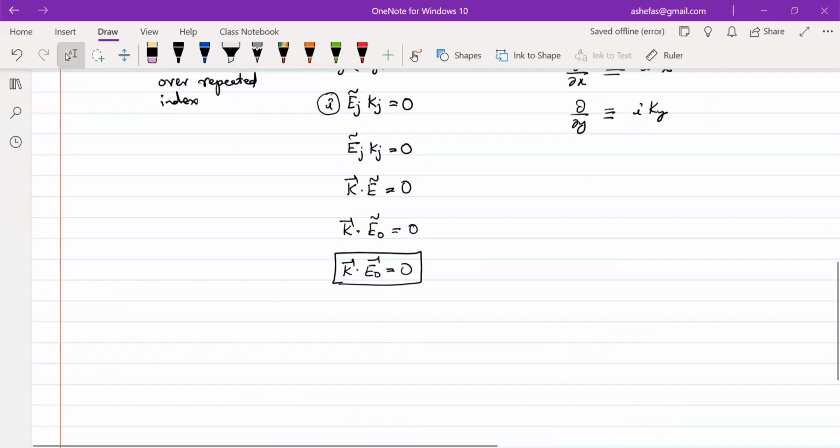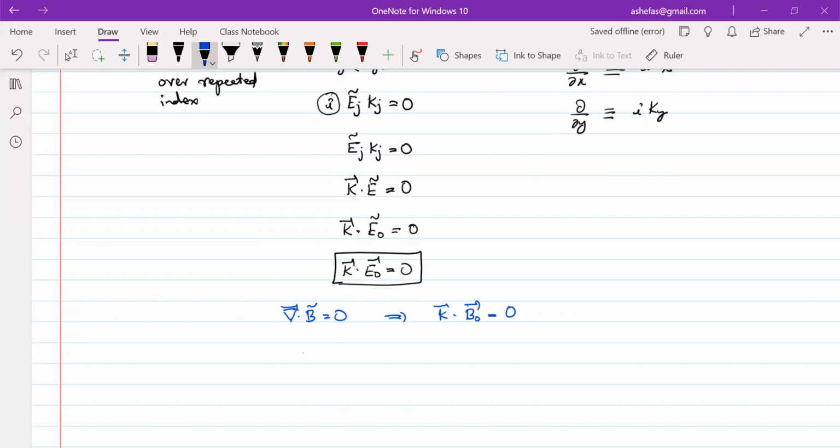Now similarly, from del dot B equal to 0, we can show that the amplitude of the magnetic field is also mutually perpendicular.